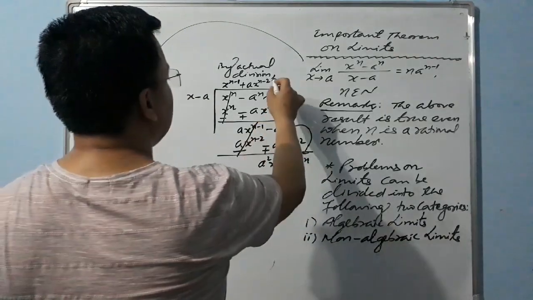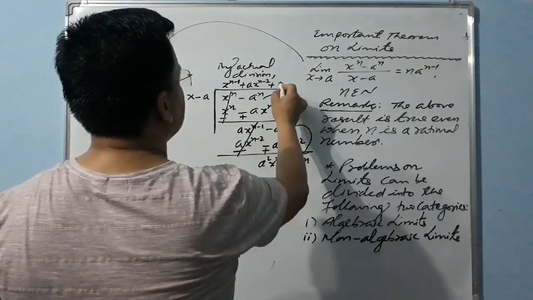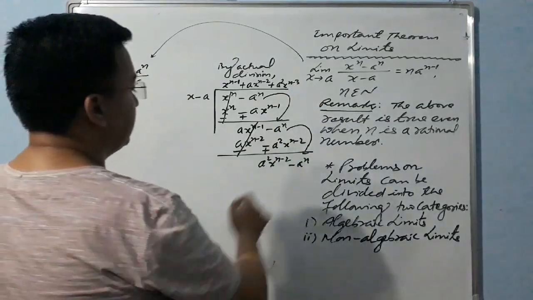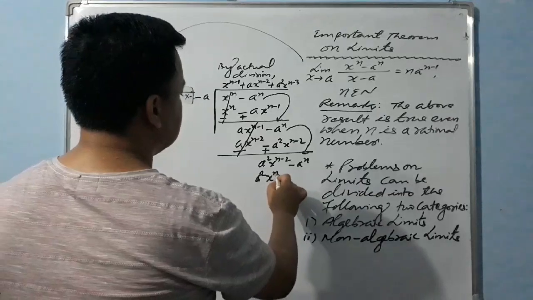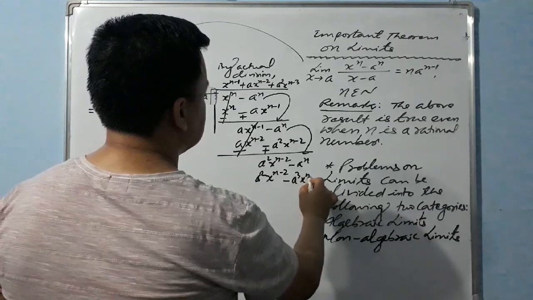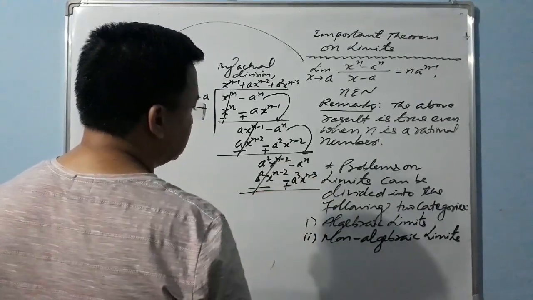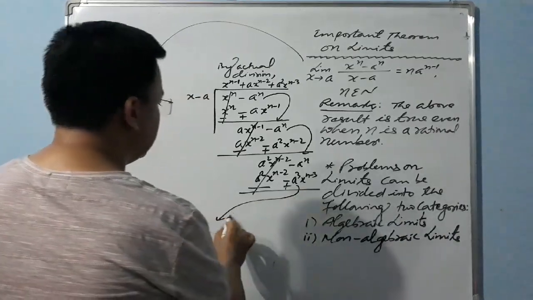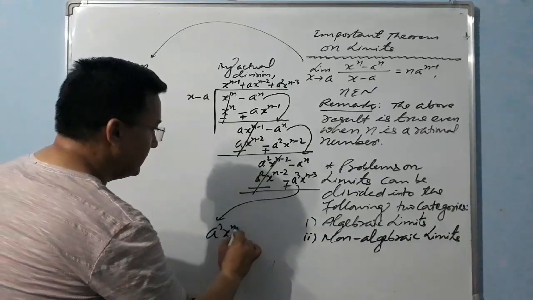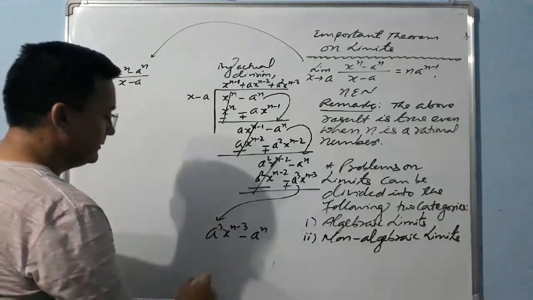And plus you need here a square x raised to power n minus 3, then you will get a square x raised to power n minus 2 minus a cube x raised to power n minus 3. And minus cancels with plus, and you will get a cube x raised to power n minus 3, and minus a raised to power n here.